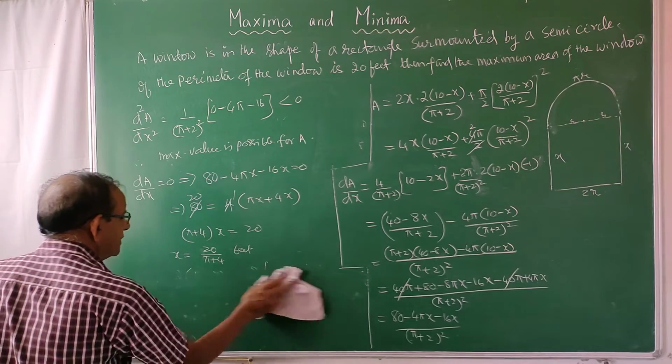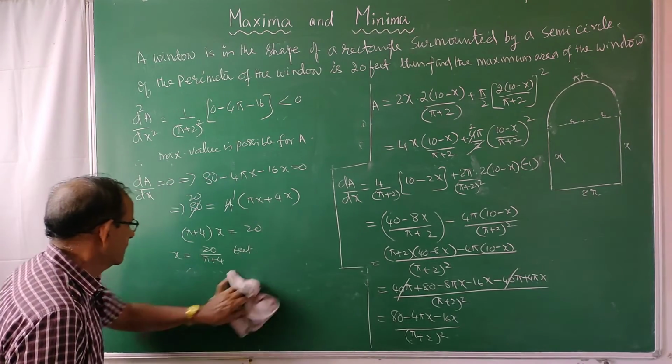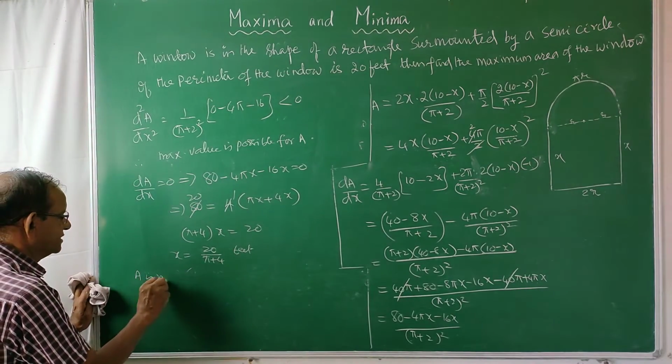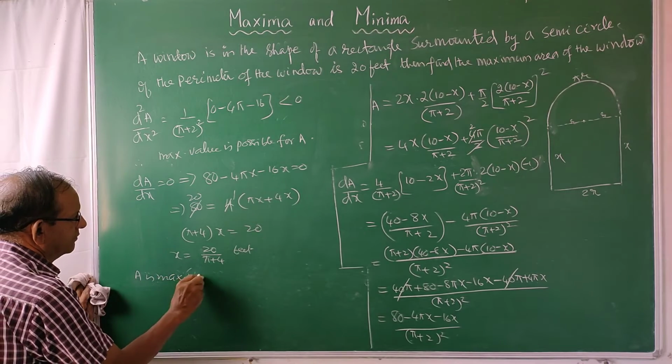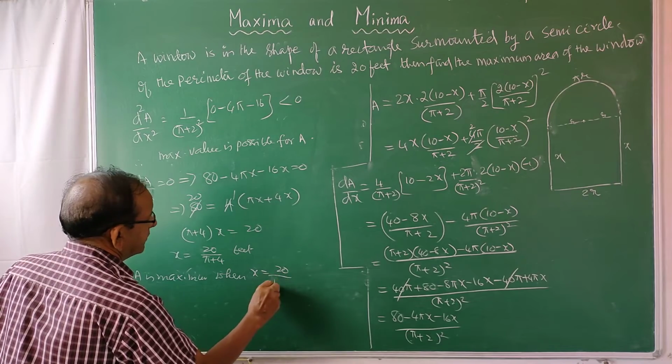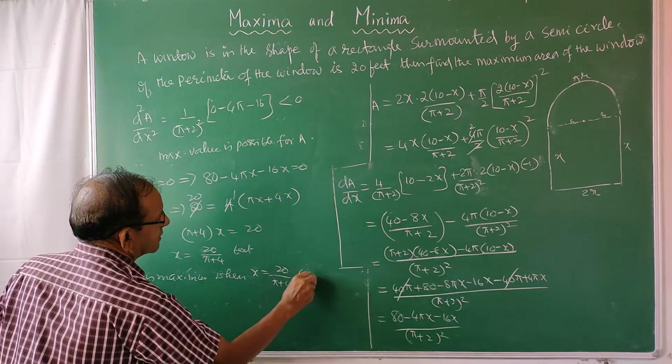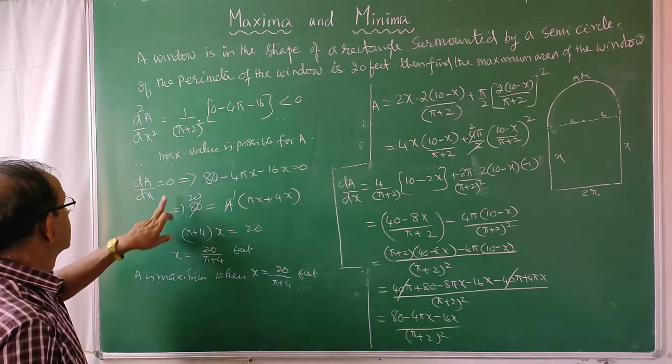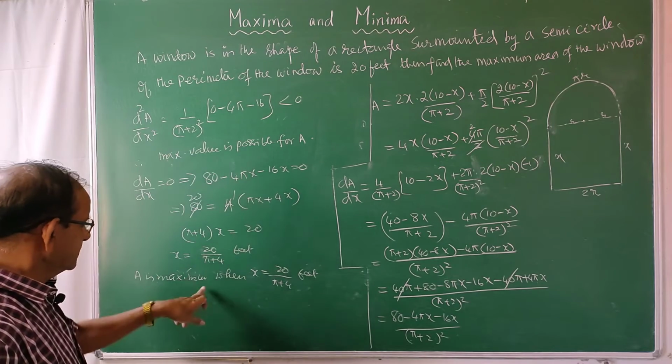So A is maximum when x is equal to 20 by pi plus 4 feet. Because the second derivative is negative, we are saying that it is maximum.